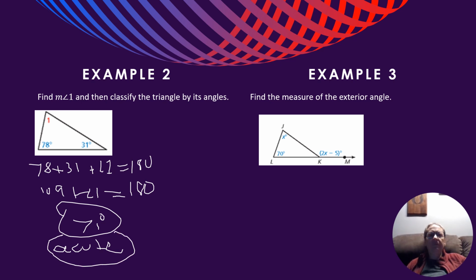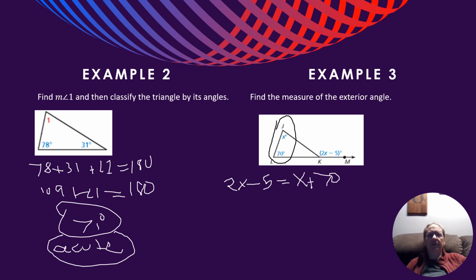And there we go. All right, example 3 asks us to find the measure of an exterior angle. An exterior angle is equal to the sum of the two angles that are inside the triangle across from it. So I can set up my equation accordingly. I have 2x minus 5 as my exterior angle. It's equal to the sum of the two on the inside, which is the x and the 70.